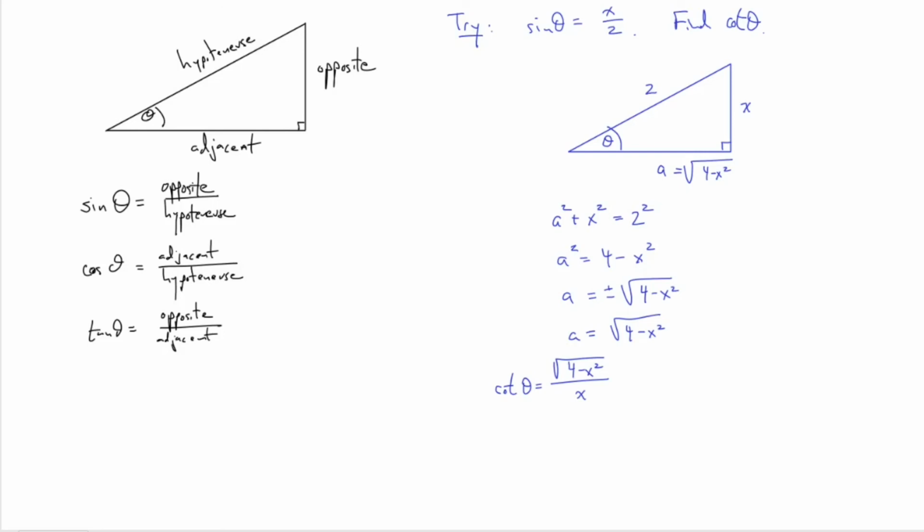You should get the same value for all possible values of x except possibly x equals 0, since this expression is not defined at x equals 0. But if you plugged in 1, for example, you should get square root of 3 over 1 or square root of 3. So if you simplify that, in quotes, in some way, and you plug in x equals 1, do you get square root of 3? If not, then you made a mistake.